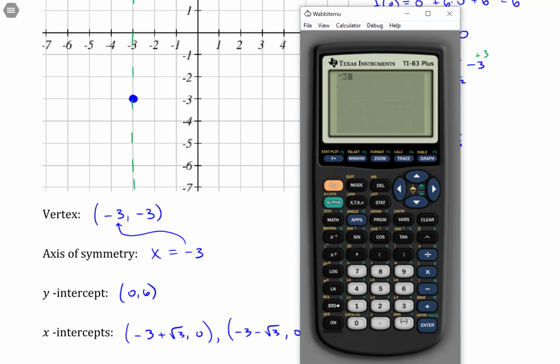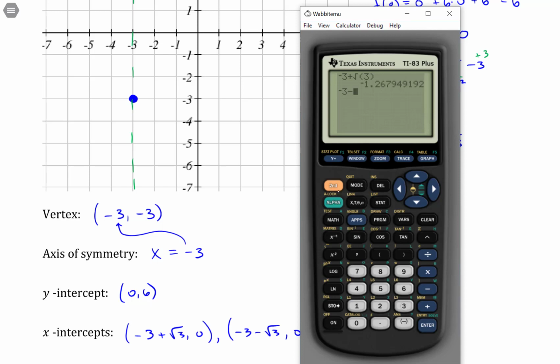If I take -3, and make sure you use the negative symbol instead of a minus, because the calculator separates those ideas, -3 plus the square root, which is second and the x squared key, square root of 3, that is about -1.27. You might not even need to be that accurate, so let's say -1.3.